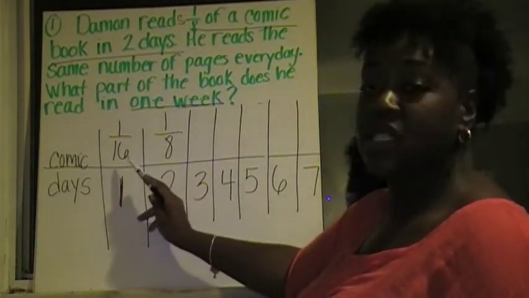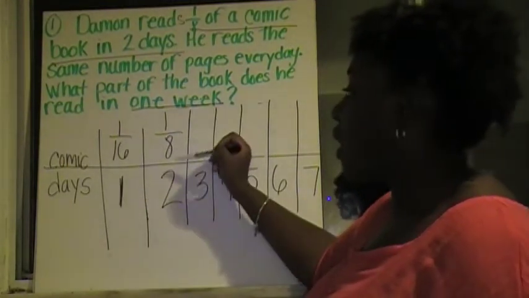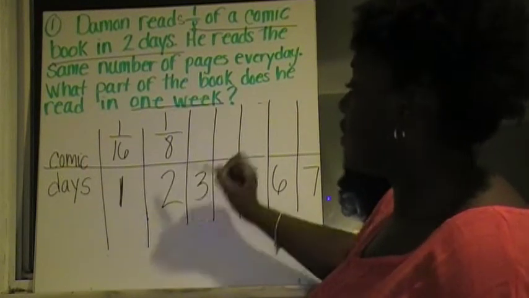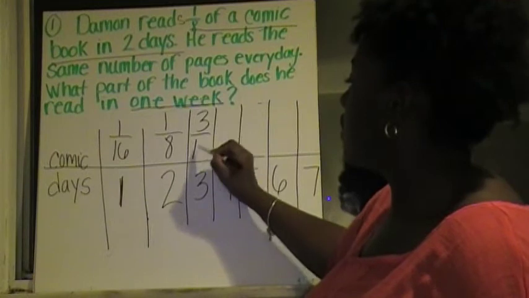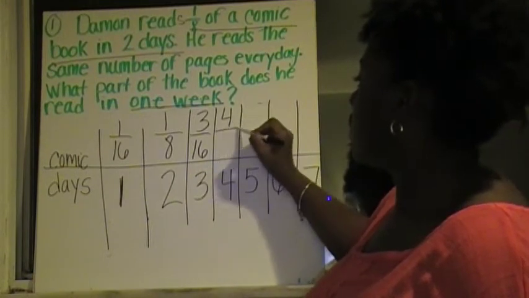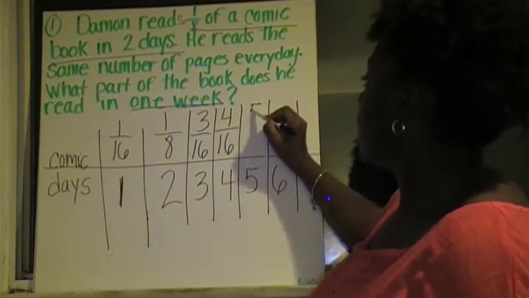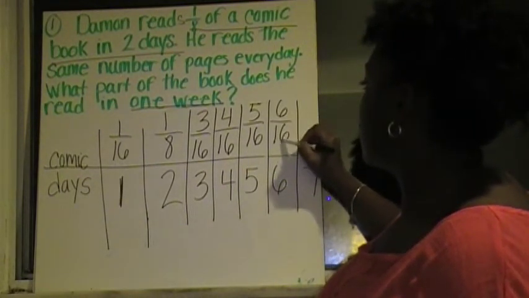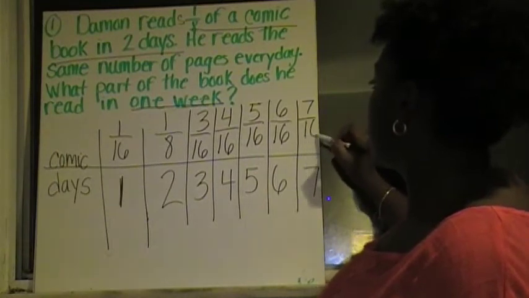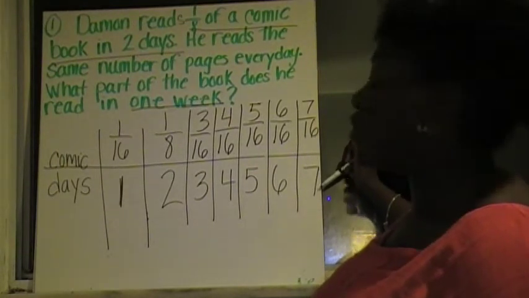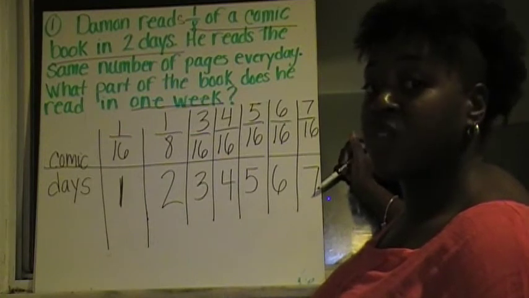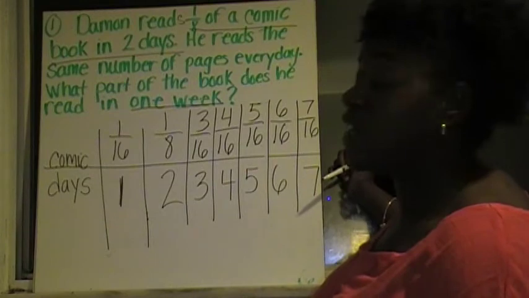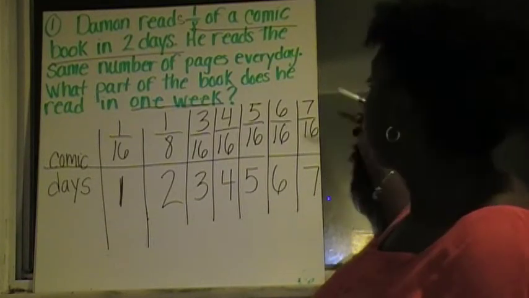Now this is 1/16 on the first day, 1/8, which is 2/16, so we didn't skip that one, in 2 days, 3/16, 4/16, 5/16, 6/16, 7/16 in the 7 days, which is 1 week. This is the same answer that we got from before. Very good. Pause the video if you have any questions.